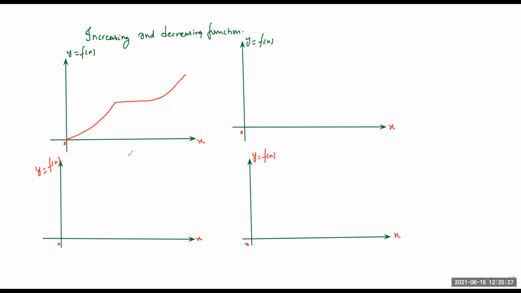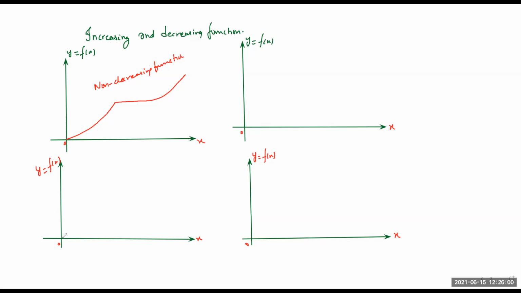You can see in this first graph, we have some increasing part in which something is always growing. We have some constant part, which means no growth, but it does not mean there is a decay. It's like no growth, and then again it's increasing further. So this is called a non-decreasing function. Non-decreasing means it will either grow or remain constant, but it will never decrease.